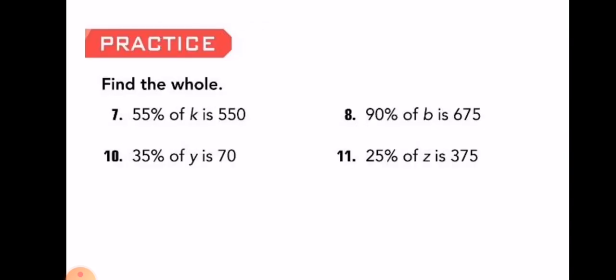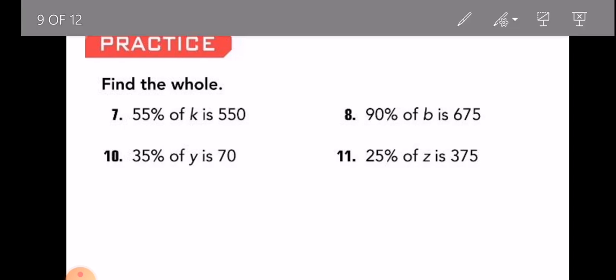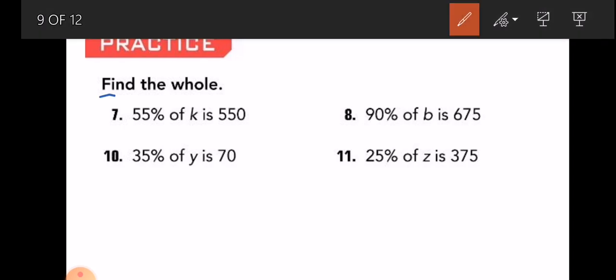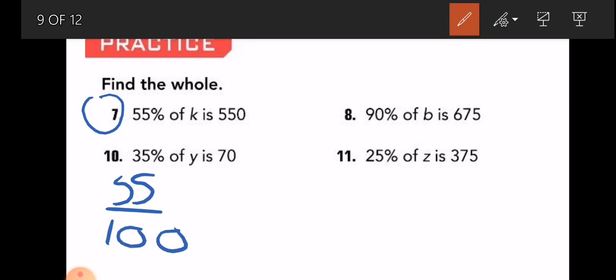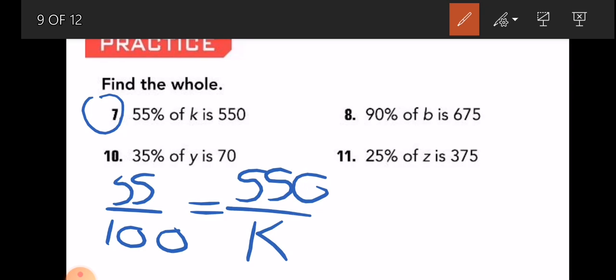Let's move to another question. Find the whole. Here they did not tell you to use the fraction or the decimal, and I told you I will always use the fraction way. Question number 7. 55% of k is 550. It means 55 over 100 equals 550 over k, which is the total.